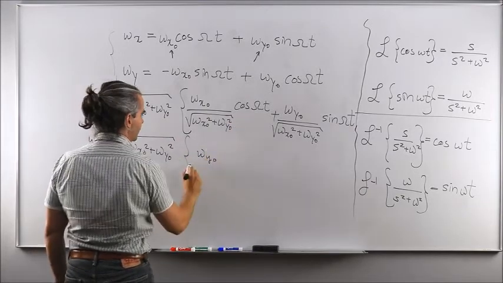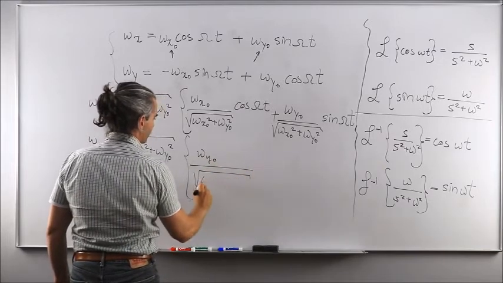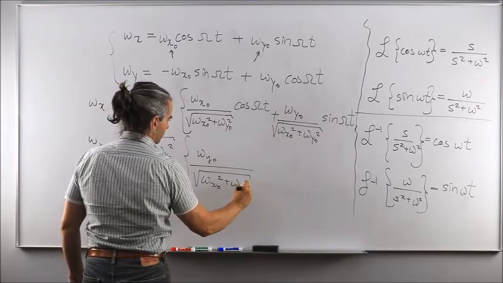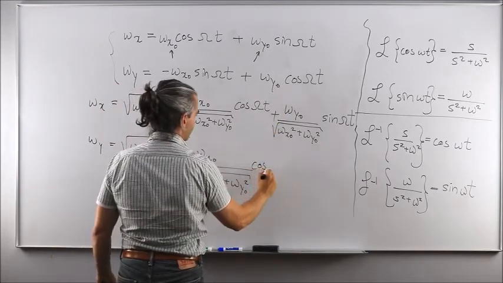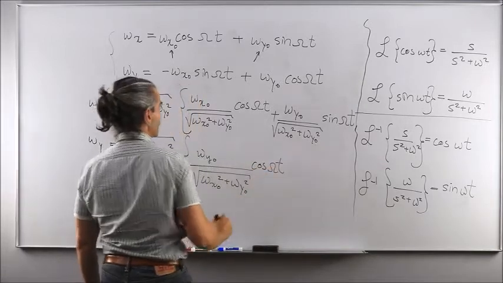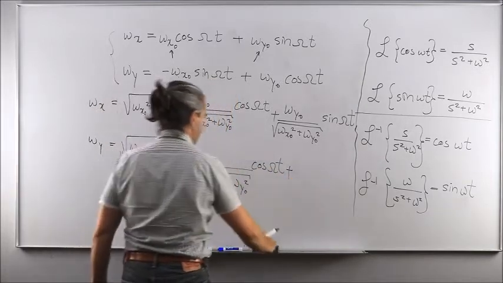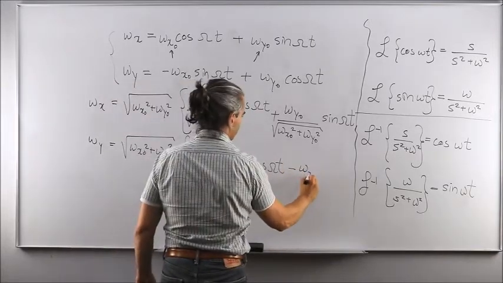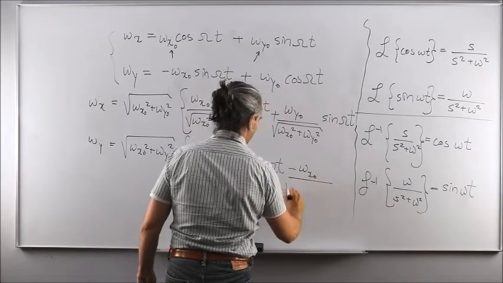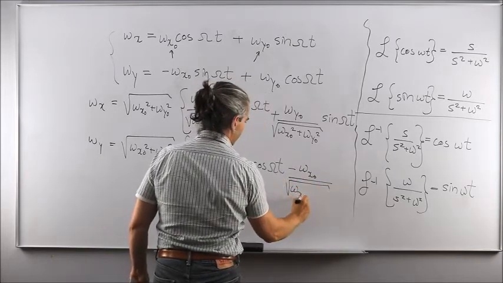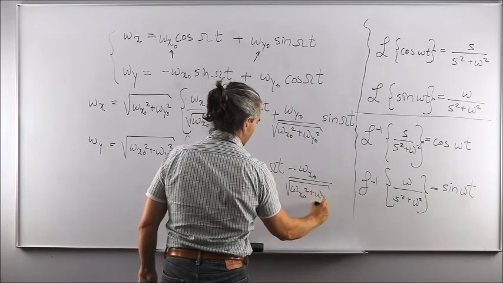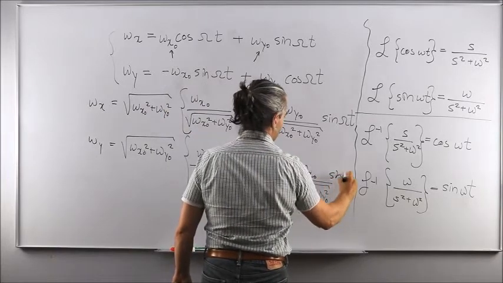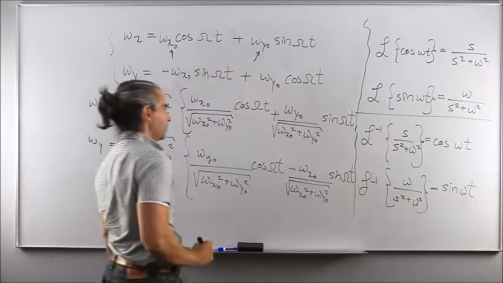So omega y naught over the square root term times cos of omega t, plus, or minus rather this time around, minus omega x naught over the same denominator as before, times sine of omega t.